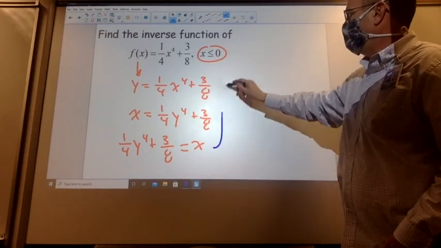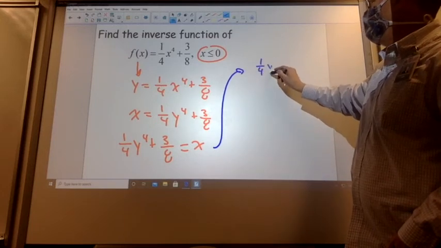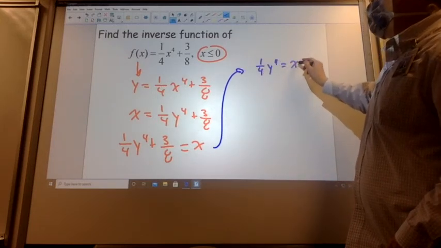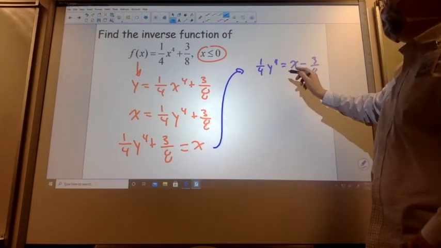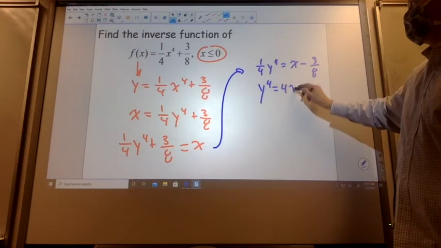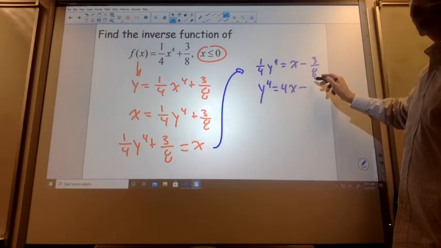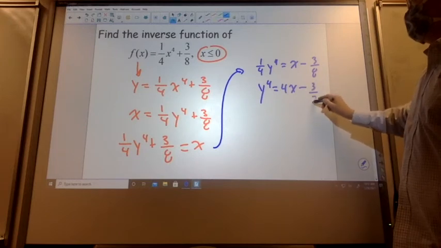So bringing this up here, I'm going to get 1/4 y to the 4th equals x minus 3/8. Multiply everything by 4. 4 times 3/8 is 12/8, which should reduce to 3/2, I believe.